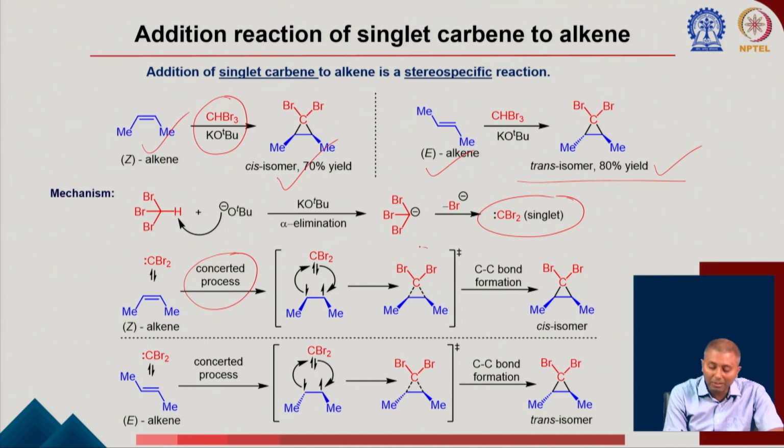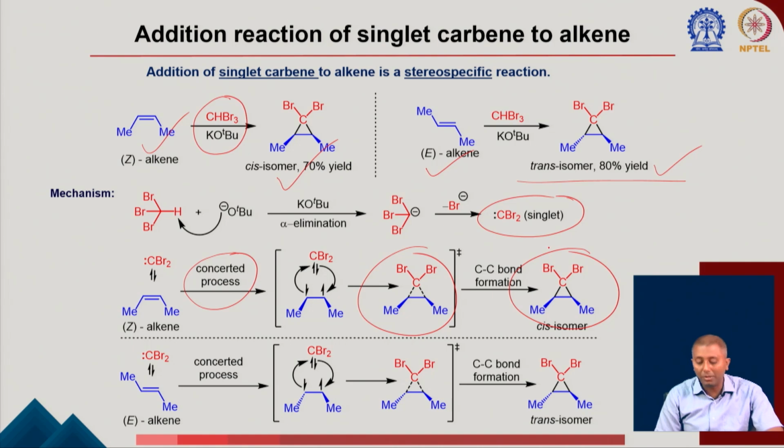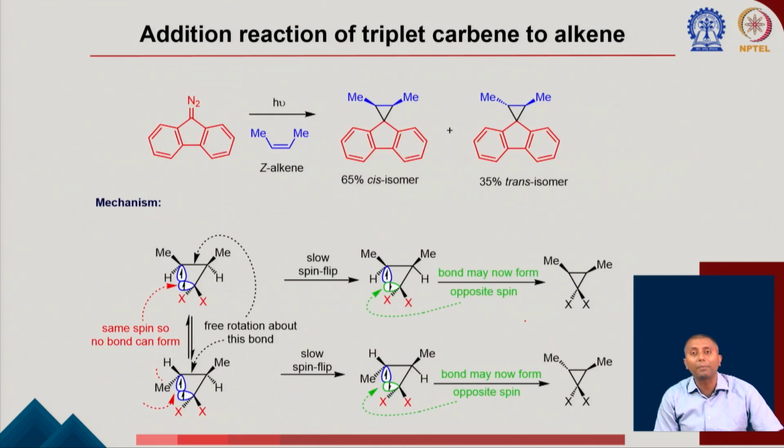So they react in a concerted manner to form the corresponding product. That is why, as the reaction happens in a concerted manner, it is very stereospecific, giving the cis isomer from the Z alkene, and very similarly if you start with the E alkene, it forms the corresponding trans isomer.